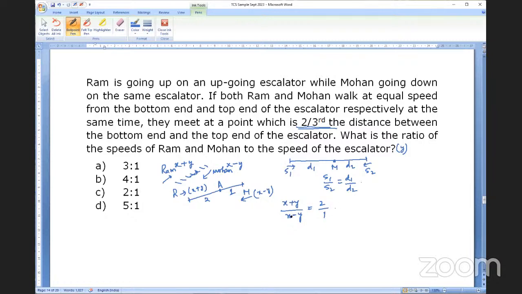That means x plus y plus x minus y, that is 2x, upon x plus y minus x plus y, that will be 2y, equals 2 plus 1, that is 3, upon 2 minus 1, that is 1. So we have x is to y equals 3 is to 1. The ratio of speed of Ram and Mohan, that is x, to the speed of escalator, that is y, is 3 is to 1. That is given in option A.